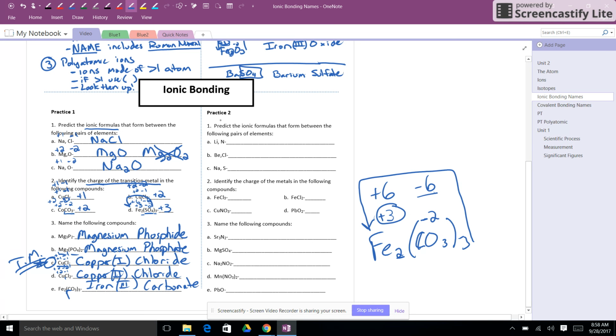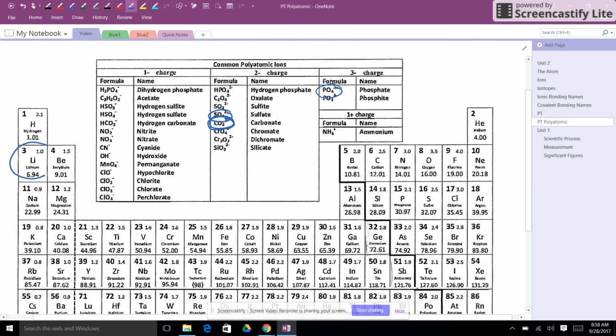Okay, let's go over here to practice 2. Predict the ionic formulas that form between the following pairs of elements. When you're predicting these ionic formulas, I think it's always helpful to write the charge above the separated ions here. So lithium and nitrogen. If you look at our periodic table, lithium is in the column of the +1s.